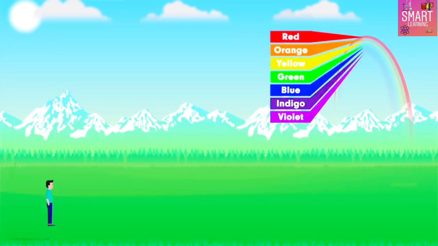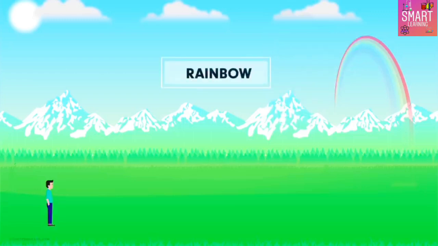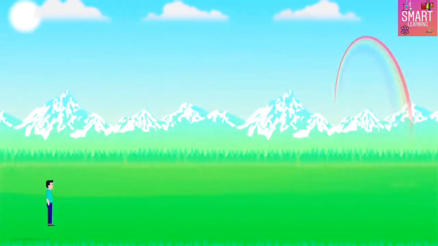We might not be able to see indigo, because our eyes are not quite sensitive to that color. Now as I told you, rainbows during the rainy season are formed due to the presence of water droplets in the atmosphere. There are many of these, and a rainbow is formed.